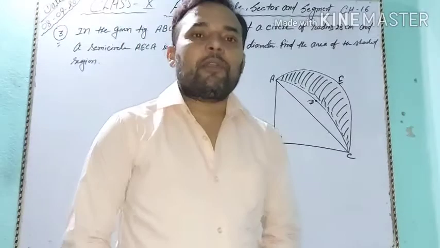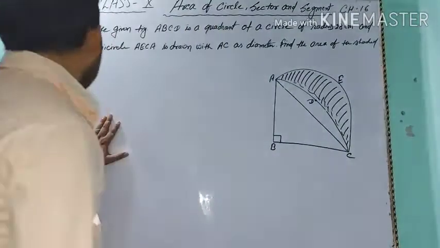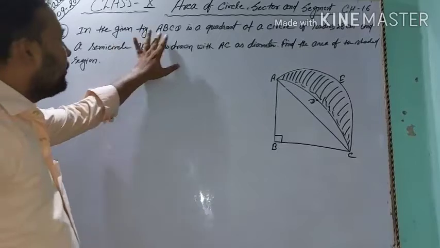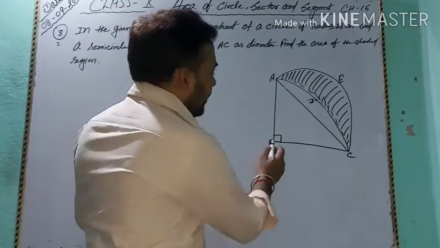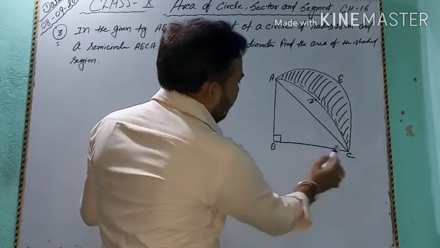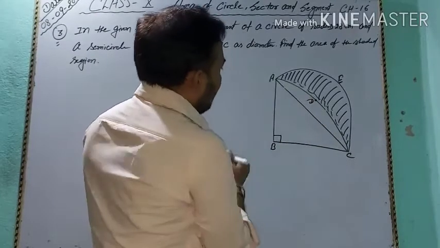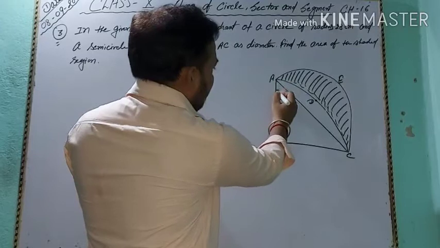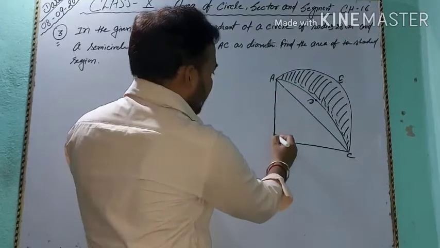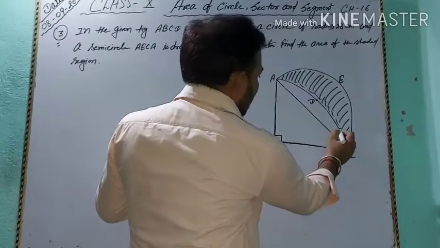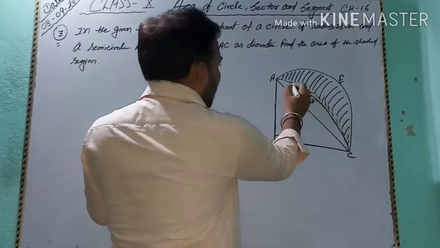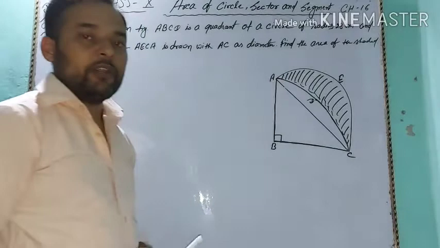Okay, students, our next example is example number 3. In the given figure, ABCD is a quadrant of a circle. ABCD is a quadrant of a circle. For students, this is the quadrant of a circle.